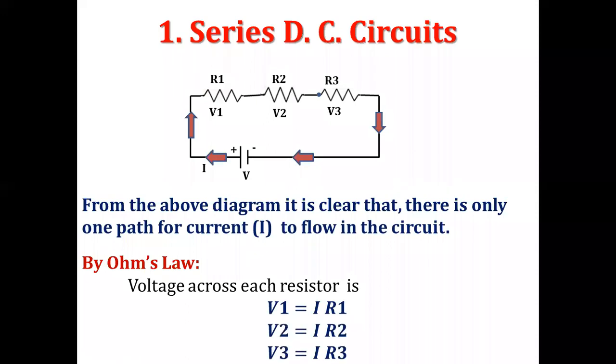From the above diagram, it is clear that there is only one path for current I to flow in the circuit.